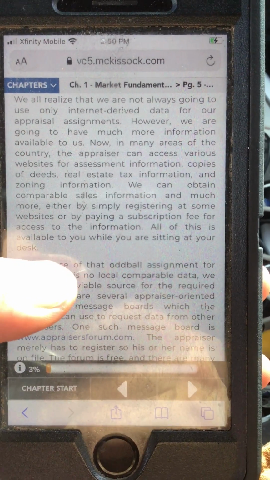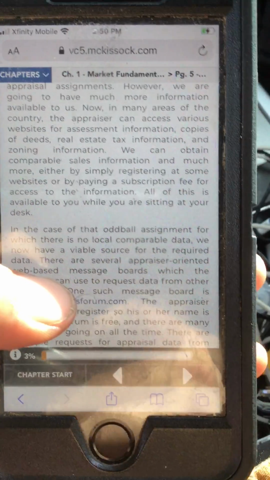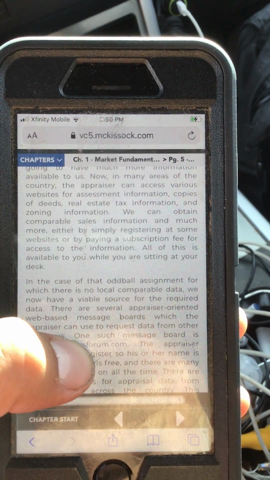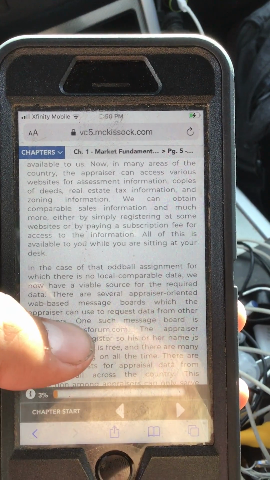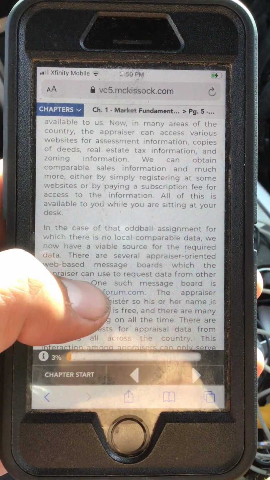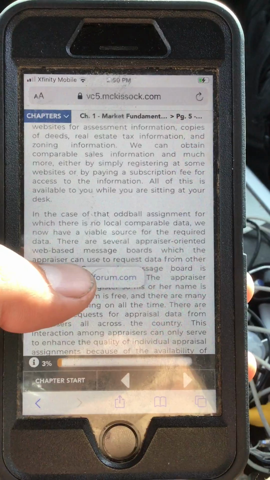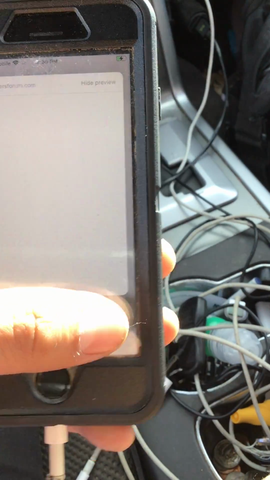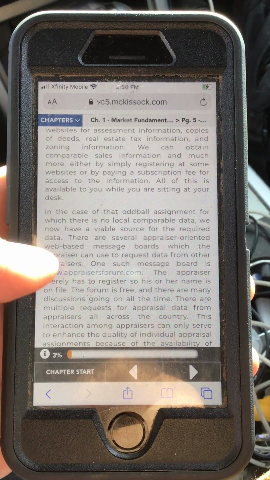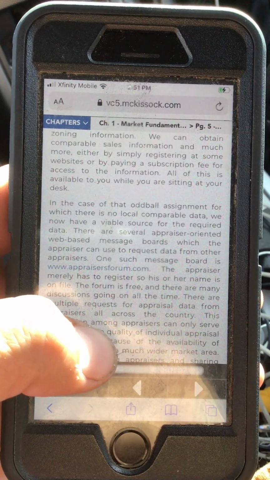We all realize that we are not always going to use only internet-derived data for our appraisal assignments. However, we are going to have much more information available to us. Now, in many areas of the country, the appraiser can access various websites for assessment information, copies of deeds, real estate tax information, and zoning information.